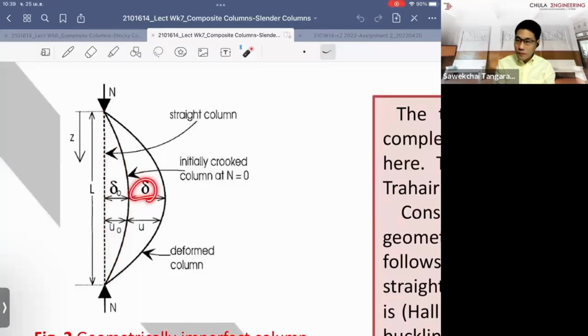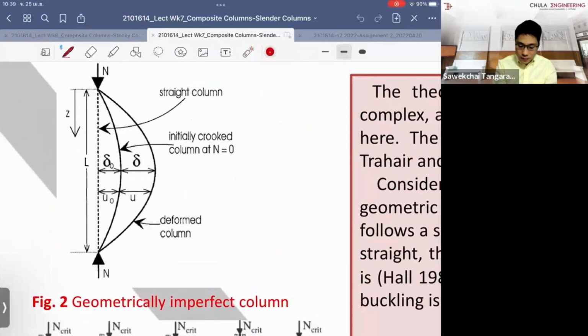For the out of plane deformation, if you take the equilibrium equation, right?